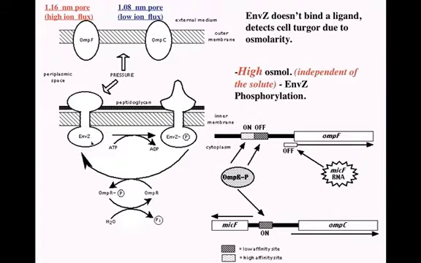When that occurs, the amount of phosphate groups being transferred to the response regulator, OMP-R, is minimal. So this form, OMP-R phosphate, is going to be at very low levels, and non-phosphorylated OMP-R is going to be at high levels.